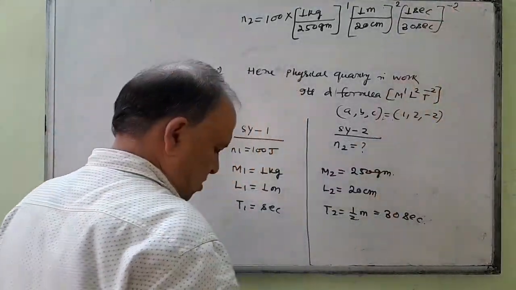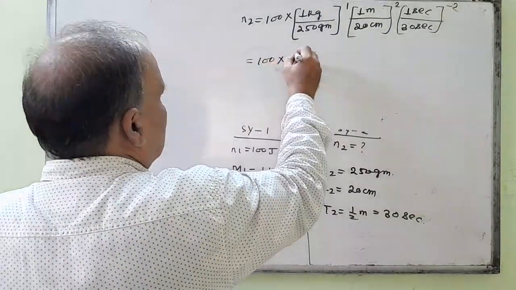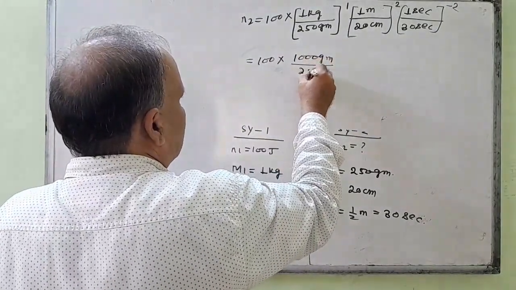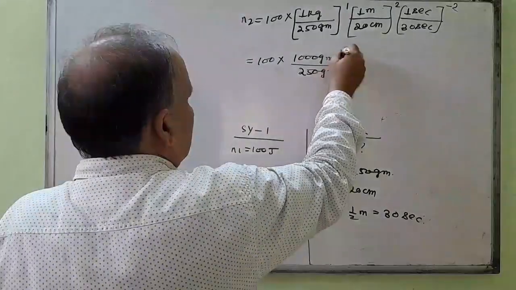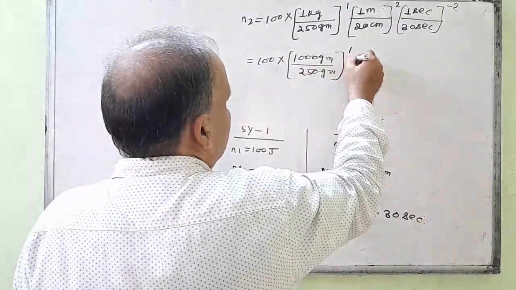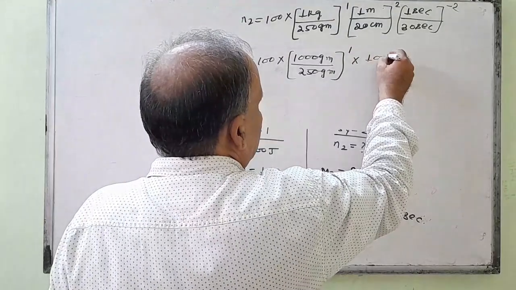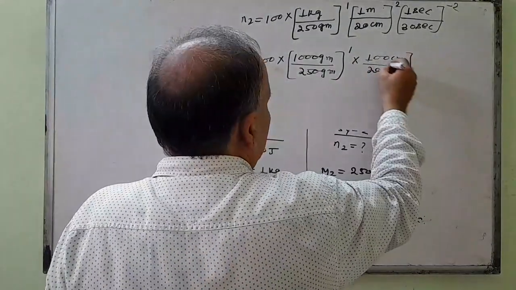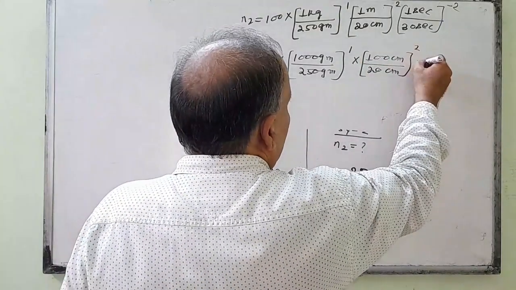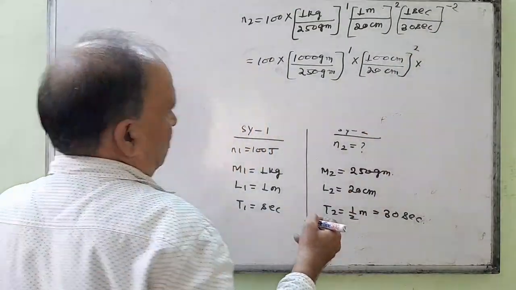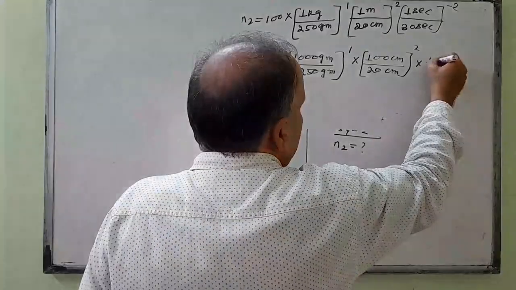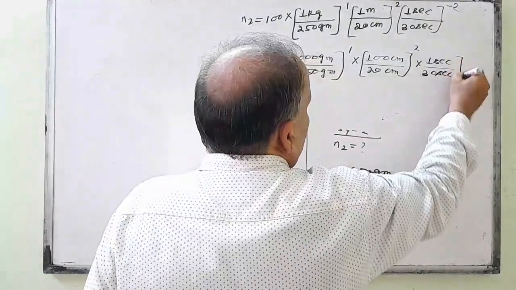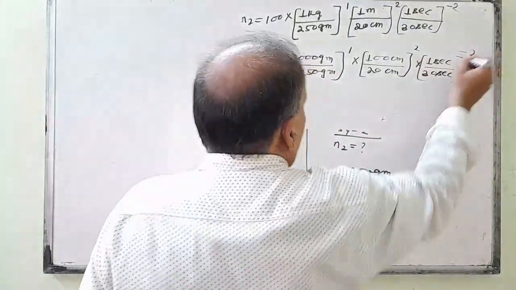Minus 2. That is your 100, into 1000 gram by 250 gram to the power 1, into 100 centimeter by 20 centimeter to the power 2, into 1 second by 30 second to the power minus 2.